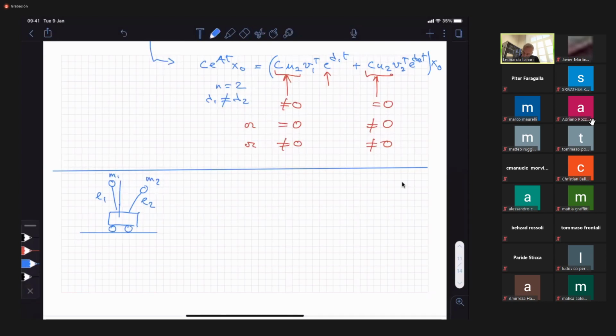And let's say that the two angles, θ1 and θ2, are measured with respect to the vertical. And we have a force here.